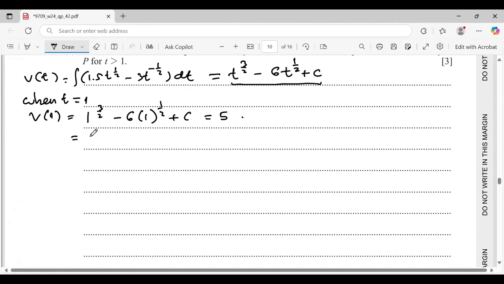So it becomes 1 minus 6 plus c equals 5. So we can state that c equals 5 plus 5, 10. So it means the function v(t) equals t power 3/2 minus 6 t power 1/2 plus c, with c equal to 10, so plus 10.